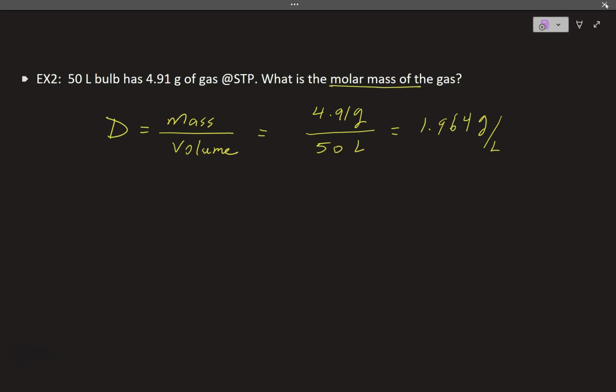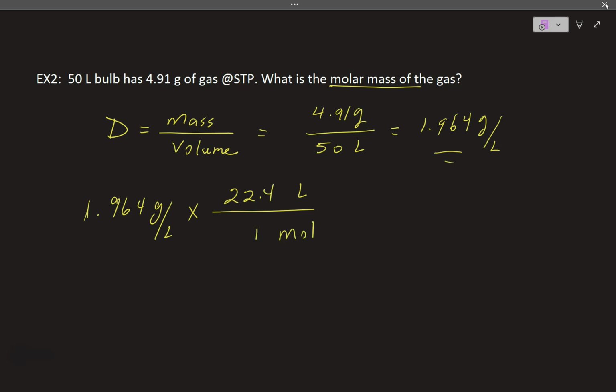To get the molar mass from the density, we're going to start with 1.964 gram per liter times, and in this case we're going to use the liters on top, so that's 22.4 liter, and that's 1 mole.